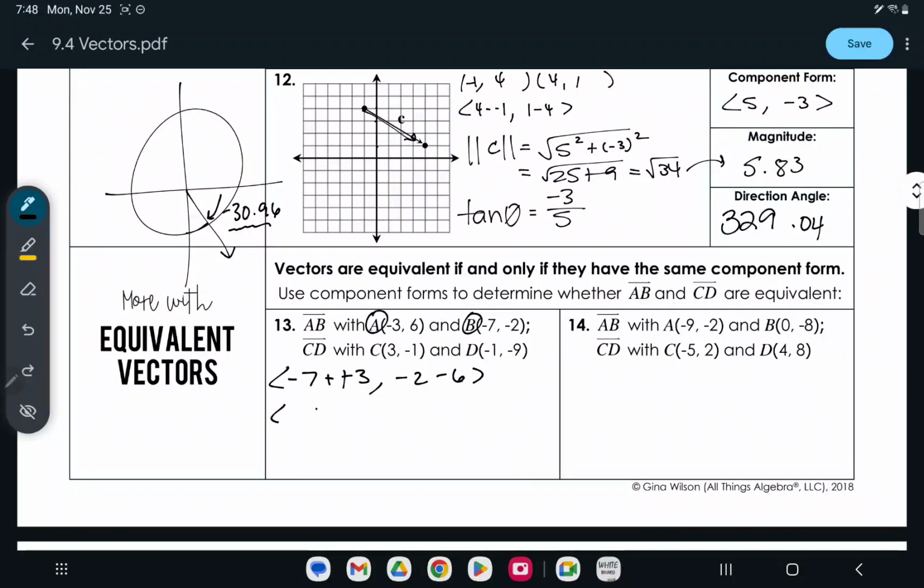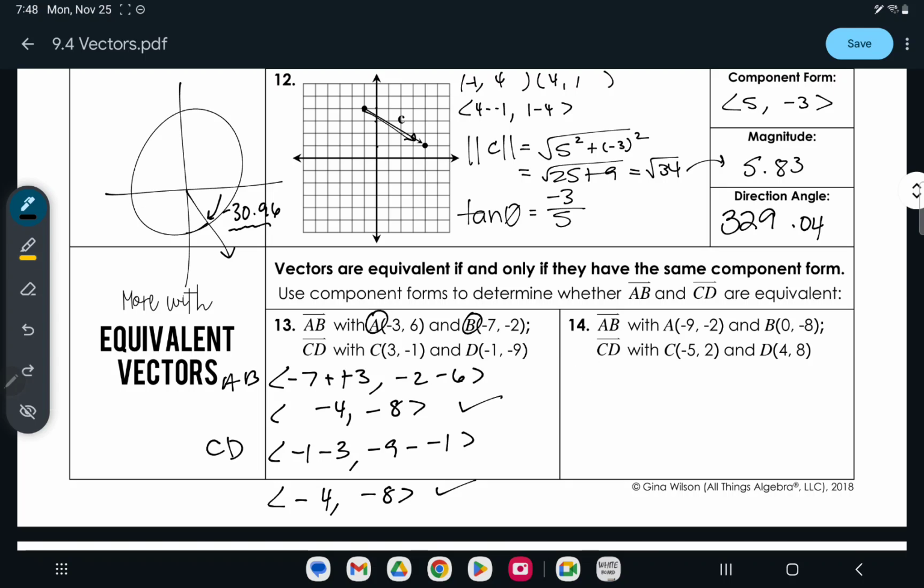So that gives me -4, -8. So that's AB. We'll do CD. So that's -1 minus 3, which gives -4, and -9 minus -1, which gives -8. So these are equivalent.